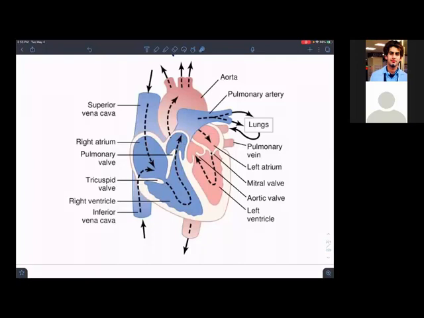So that becomes the function of the valve. The heart valves make sure that the blood flows unidirectionally. We can also say one-way flow of blood.